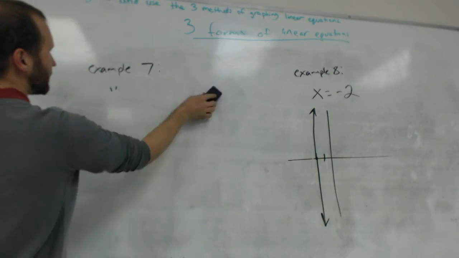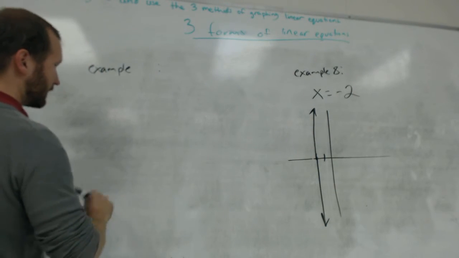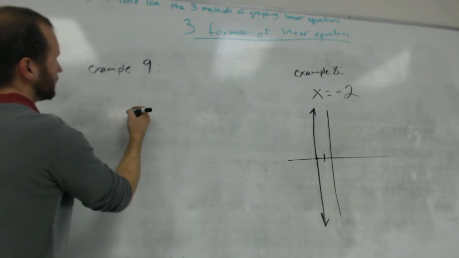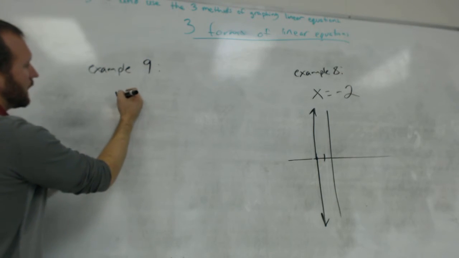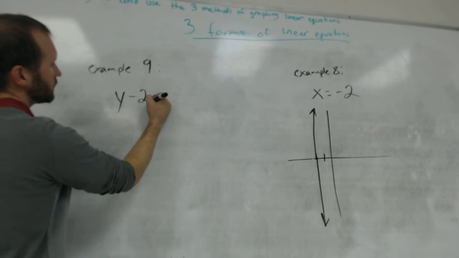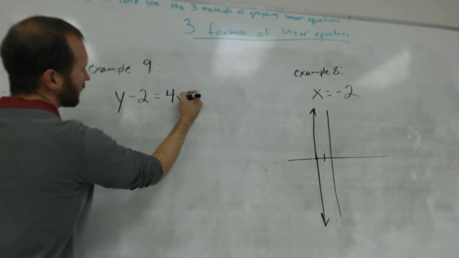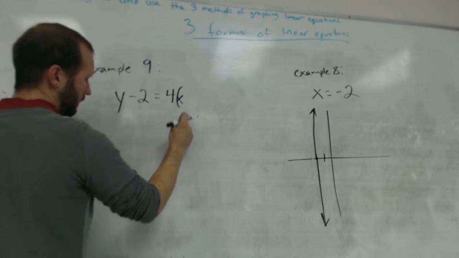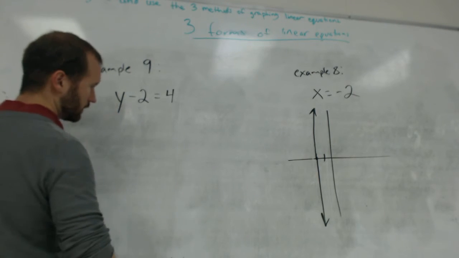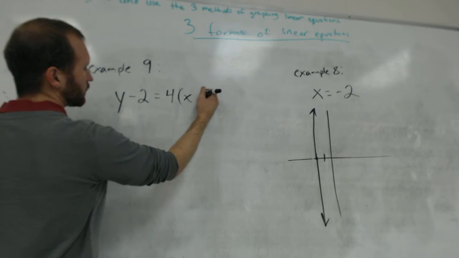All right. Let's go for 10 examples. I think we can do it. Example 9. y minus 2 equals 4 times x plus 1.